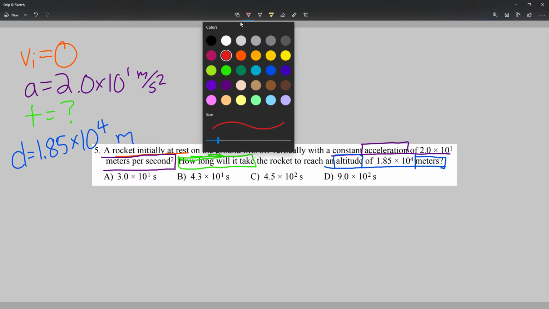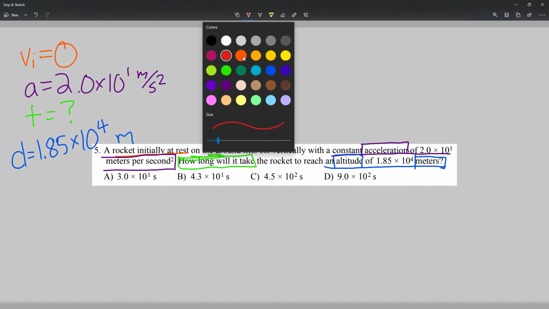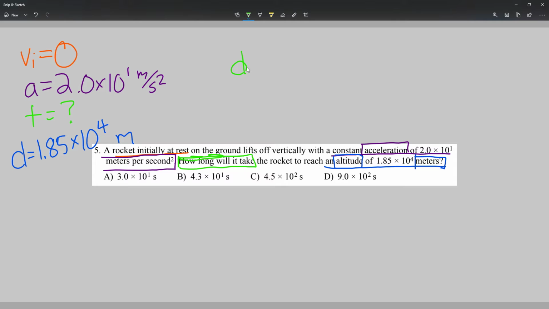I just want to move on. So the formula I'm going to use is D equals VIT plus 1/2 AT squared. It has everything we need. We have D, we have VI, we have A, and we're solving for T.